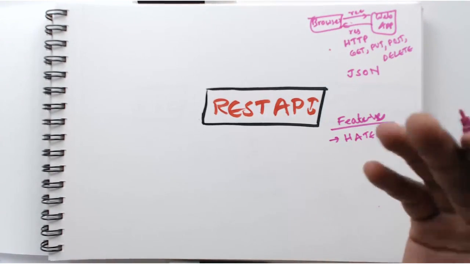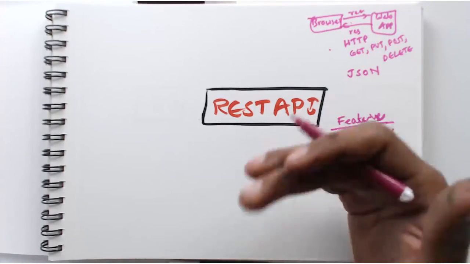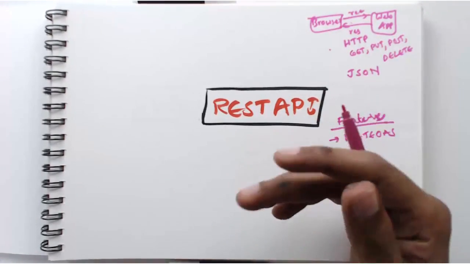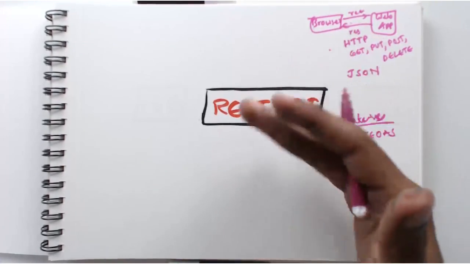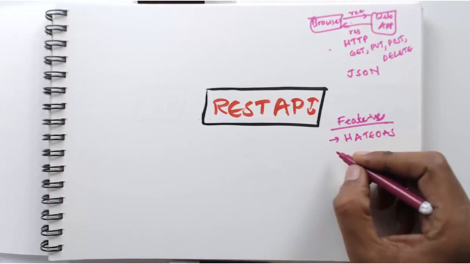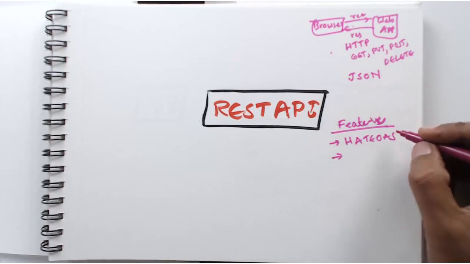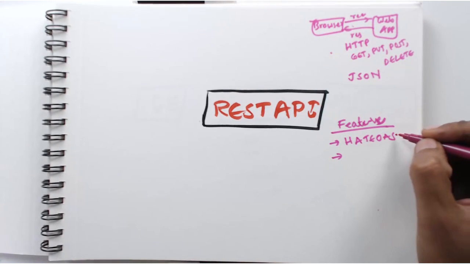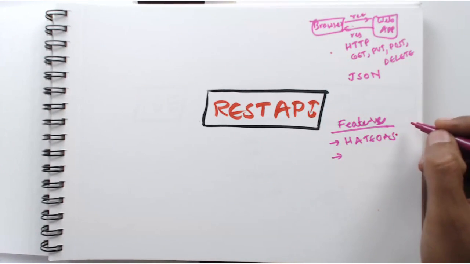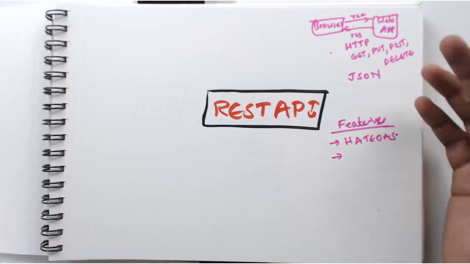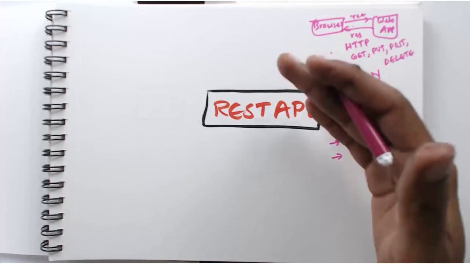You can also have links to play around with the data. You want to edit it, modify it, you want to delete it. You can do all that with links. So HATEOAS brings that to your REST API. So instead of just returning the data back, when you use HATEOAS, you can actually return a few links back, which can help you to perform actions on the resource.